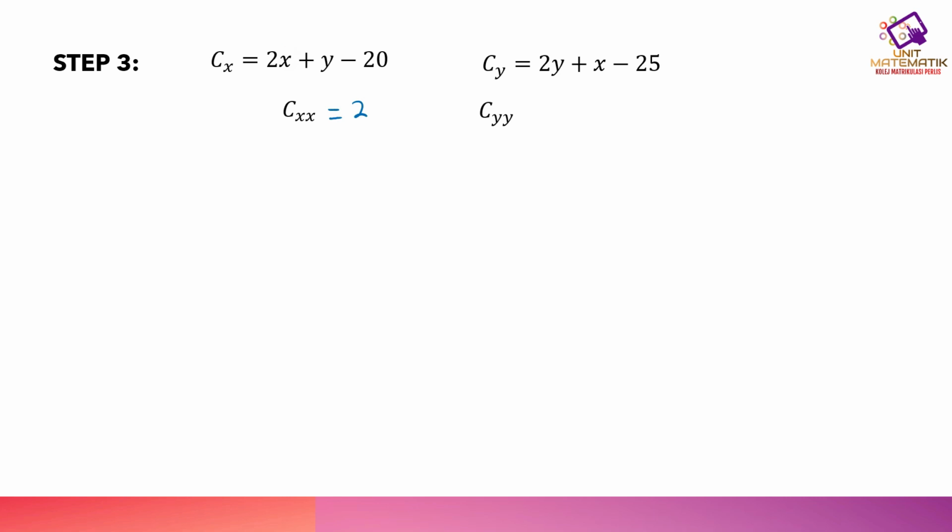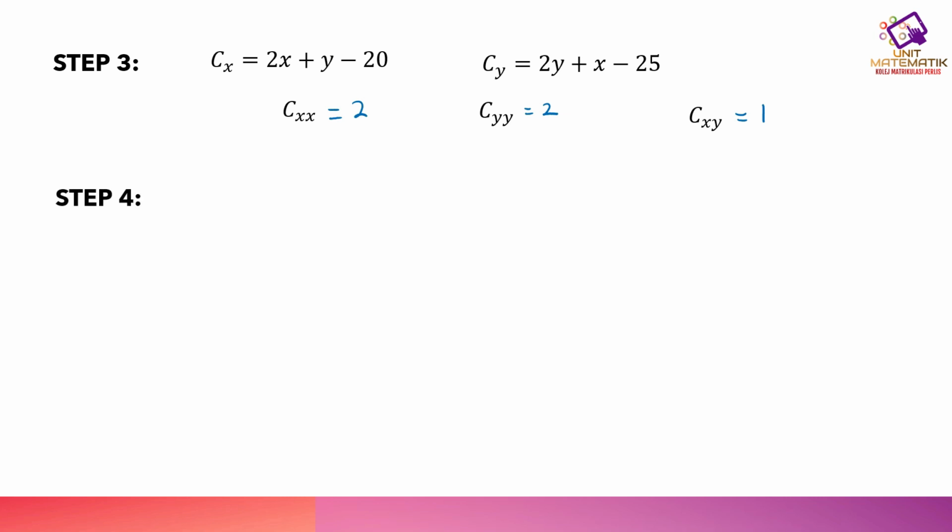Then C sub yy. Look at C sub y, we differentiate, you get 2. And the third one, C sub xy. Refer to C sub x, so we'll get 1.